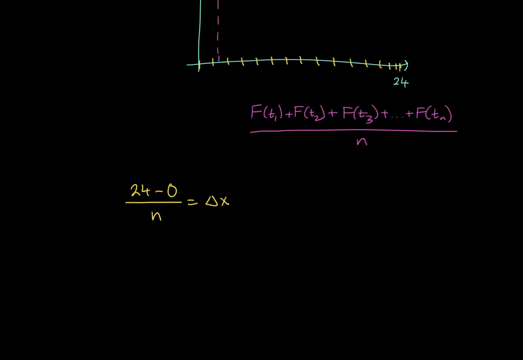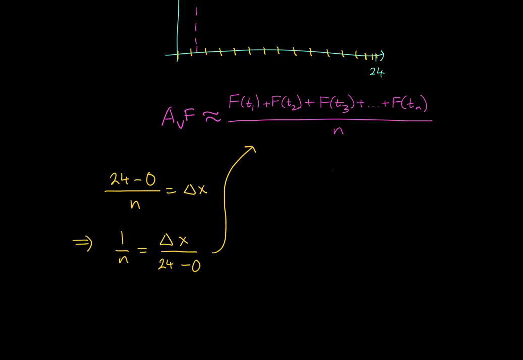But wait a second. Doesn't that imply that 1 over n is also delta x divided by 24 minus 0? So this is my average value for f, and it's going to approximately equal this, assuming a huge sample size.